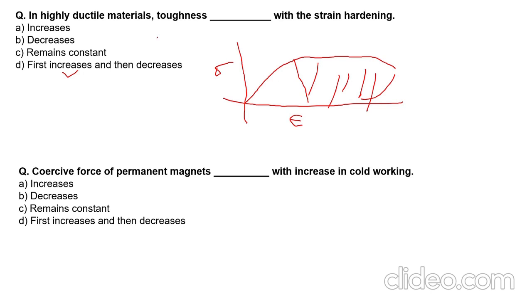Why? Because toughness is a property dependent on both your sigma and your epsilon. It is a combination of your ultimate tensile strength and your ductility or elongation, right?